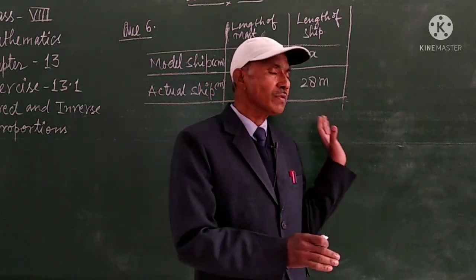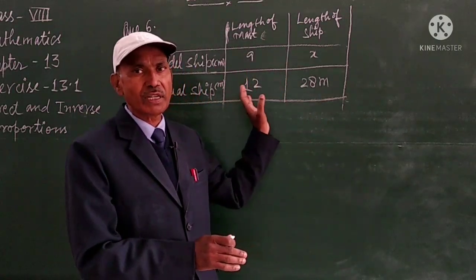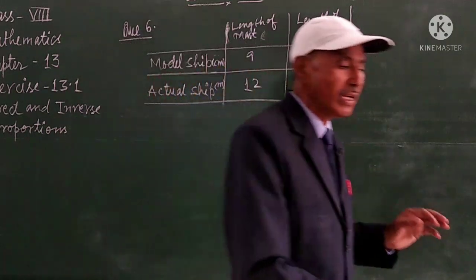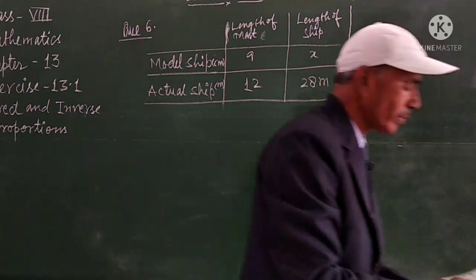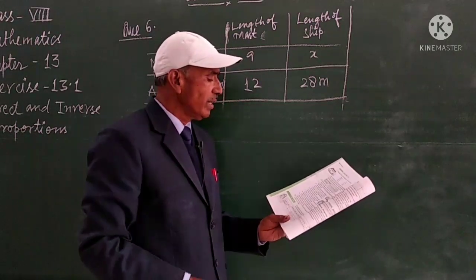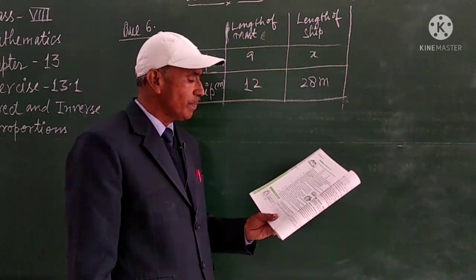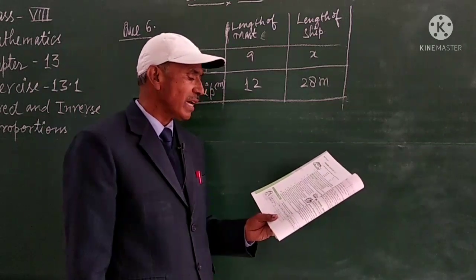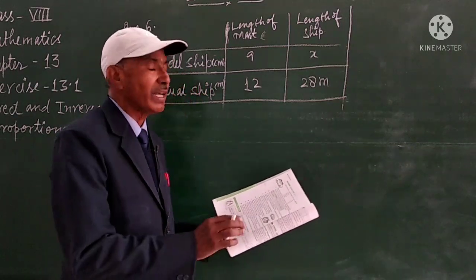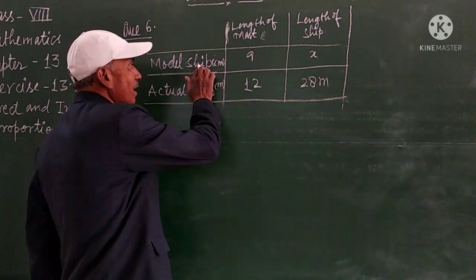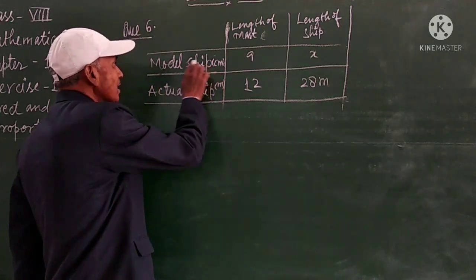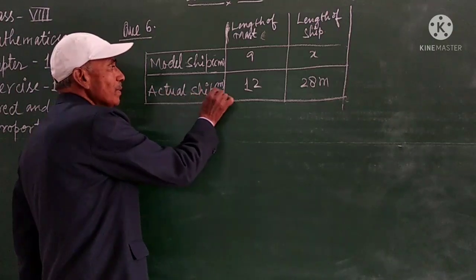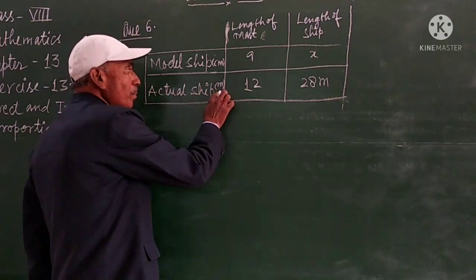So this is the 6th question of exercise 13.1, students, and it is given that in a model of a ship, the mast is 9 centimeter high, while the mast of the actual ship is 12 meter high. This is given in the model ship in centimeter and in the actual ship in meter.